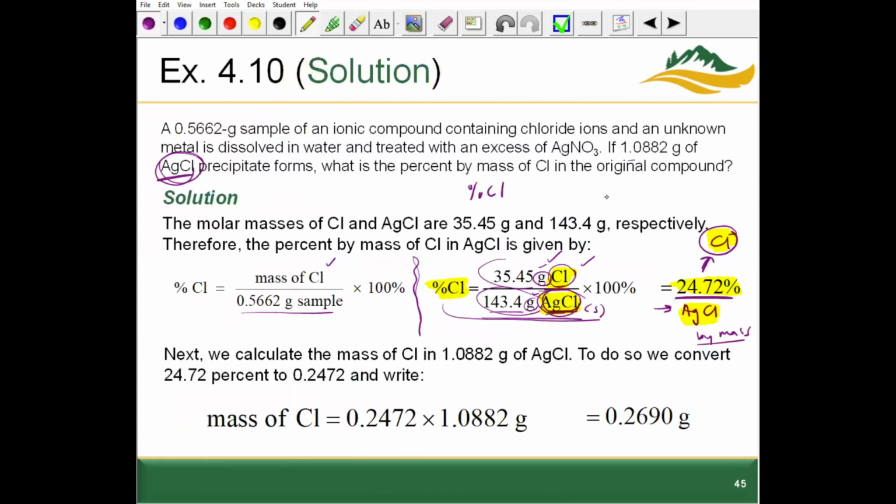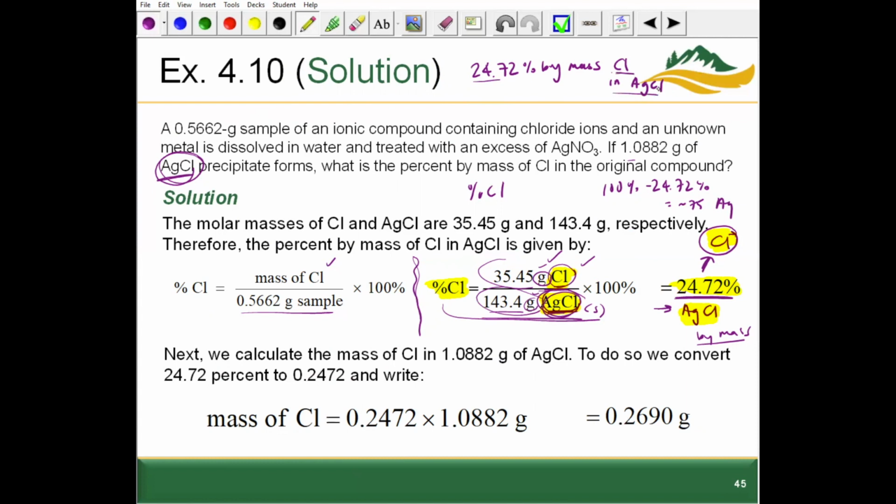Right? So if we took 100% minus 24.72%, then about 75% is just the mass of silver within silver chloride. Okay, so 24.72% by mass of Cl within silver chloride.